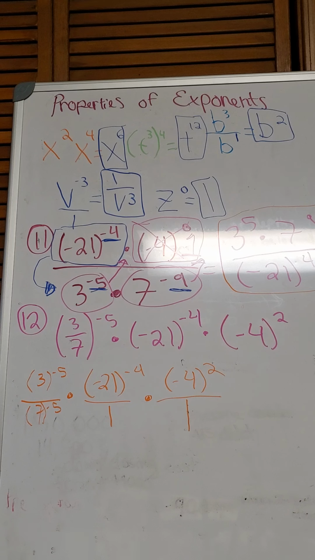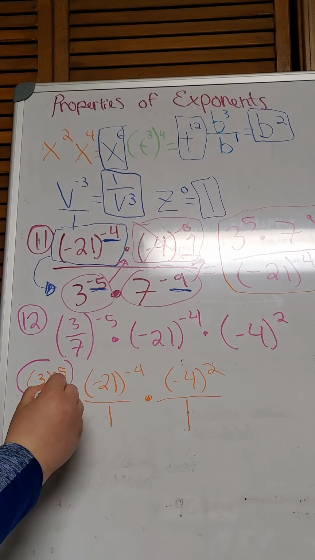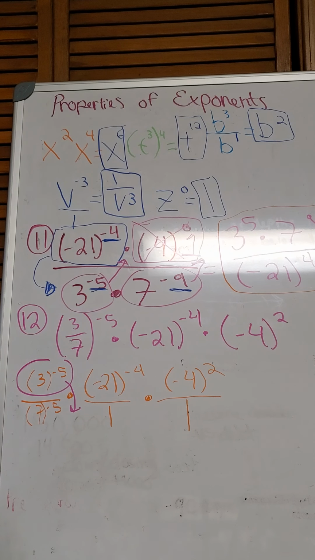So, first thing I got to keep in mind, if they have a negative exponent, their location must change, okay? So that means for this first one here, you see how I have 3 to the negative 5th? That has to move. But then I also have 7 to the negative 5th. Well, that can't stay in the denominator.